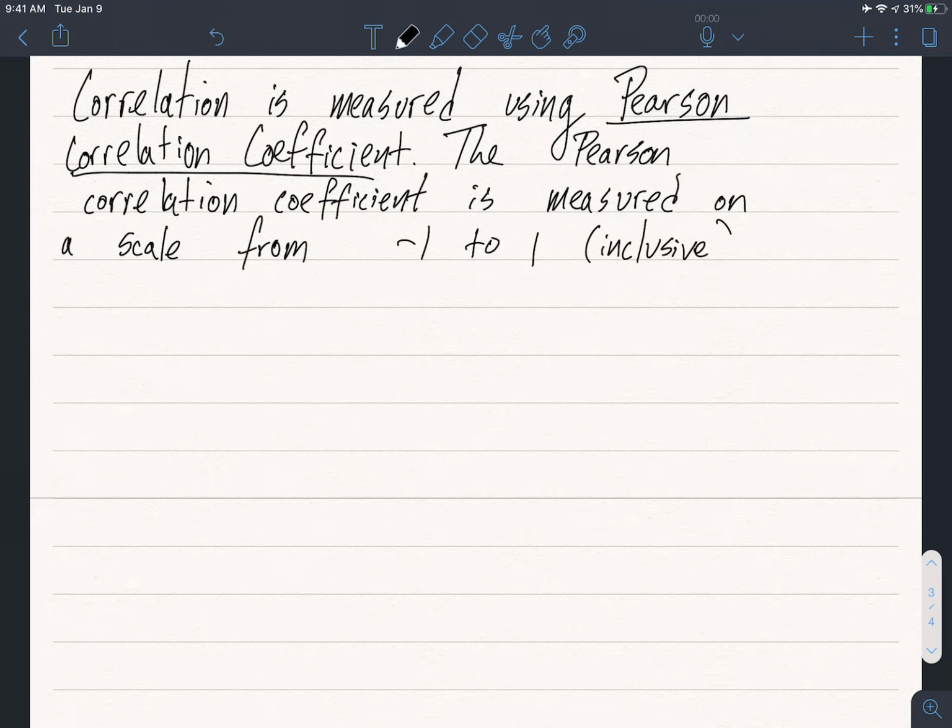Inclusive, meaning that a Pearson correlation coefficient can be equal to -1 exactly, and it can be equal to +1 exactly, and anything in between. It can't be 7, that's outside the range. Can't be -4. It can be 0. It can be 0.64. Anything between -1 and 1.